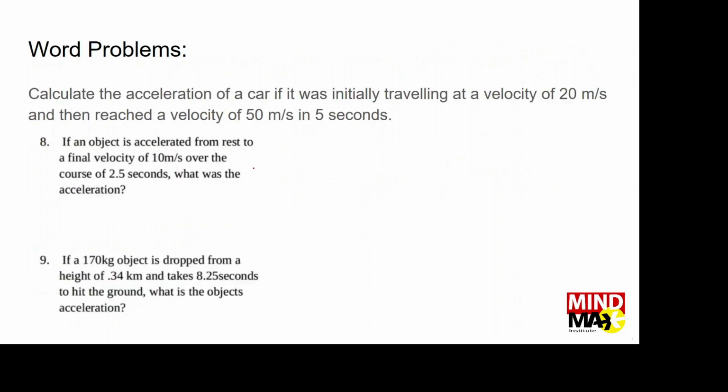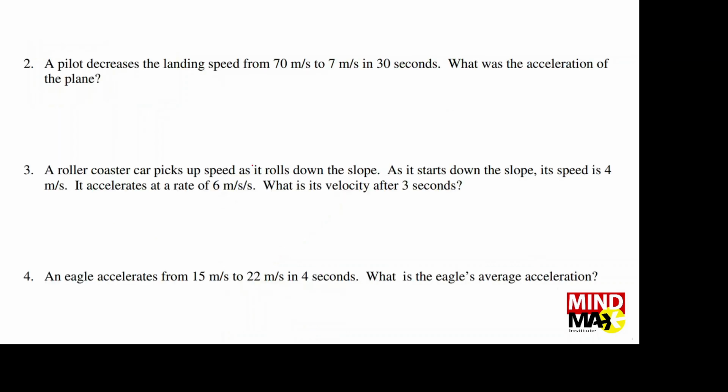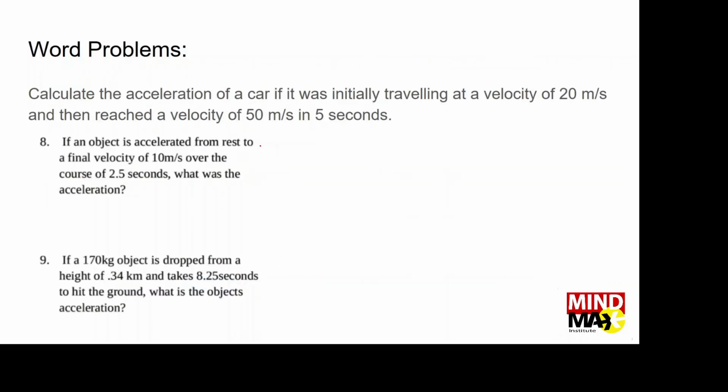So word problems, I've given a few of them. Motion graphs is for the next topic. Today we just deal with the word problems related to acceleration. Let's deal with number 8. An object is accelerated from rest, so the starting speed is 0. At rest means 0.